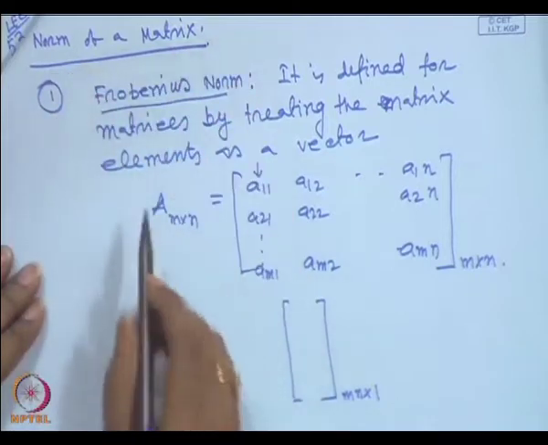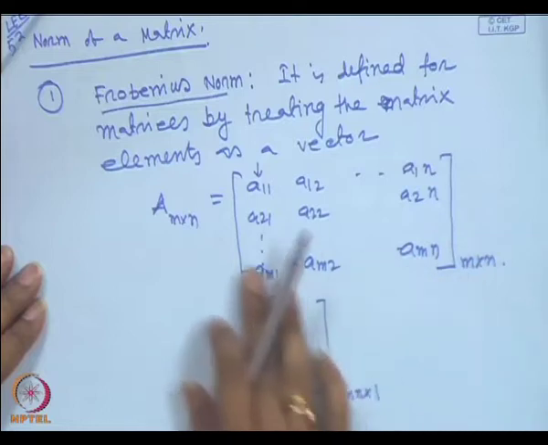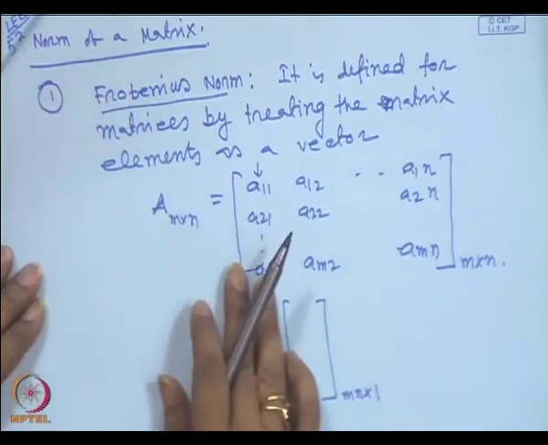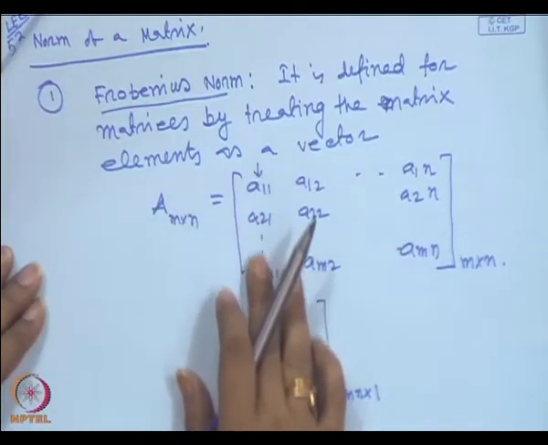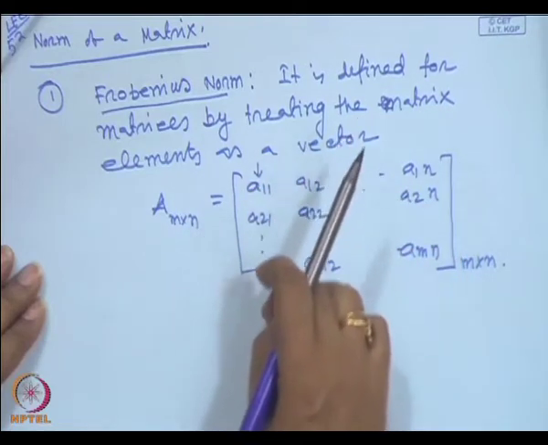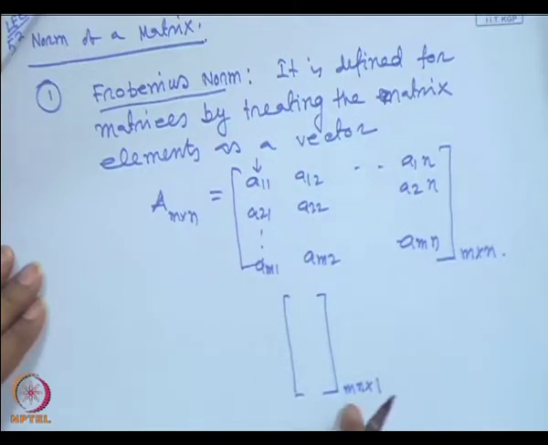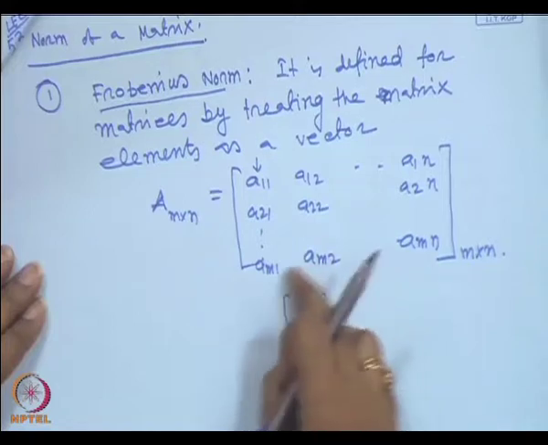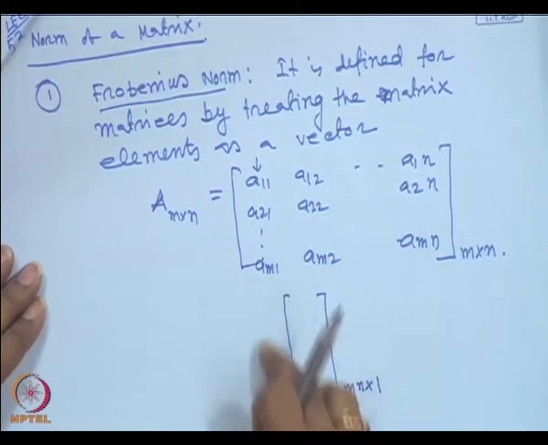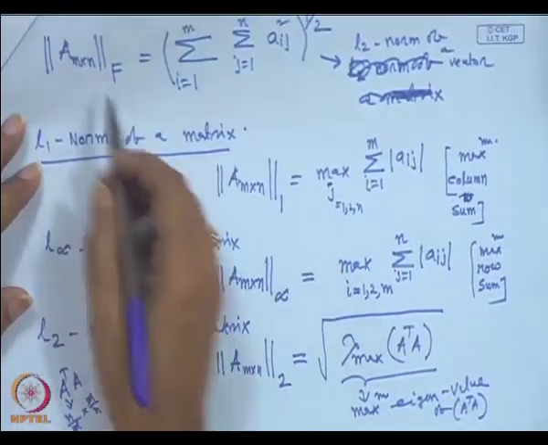So, first is the Frobenius norm. To compute the Frobenius norm of a matrix, you put all the column vectors in sequence. So, that whole thing will come as a vector of dimension m into n cross 1. Then you find the norm 2 of this vector.